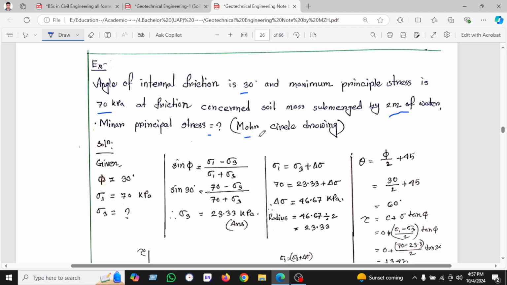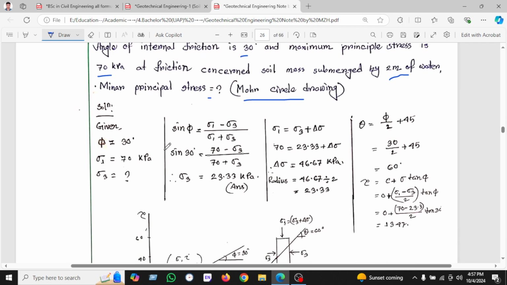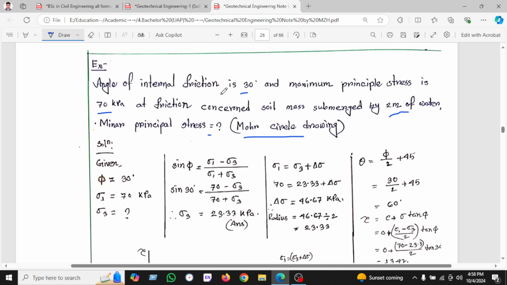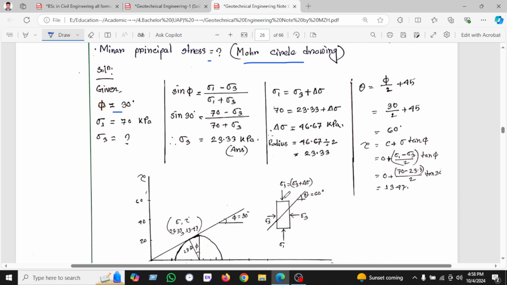We have to do Mohr-Coulomb. So here the internal friction is 30 and σ1 is the principal stress given here. The minor stress is σ3, and we have to calculate σ3.